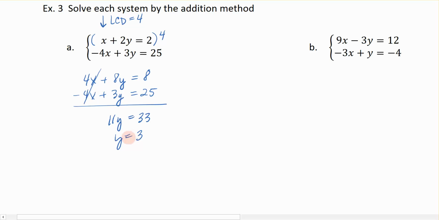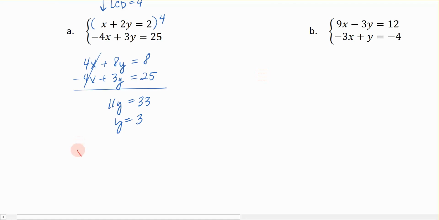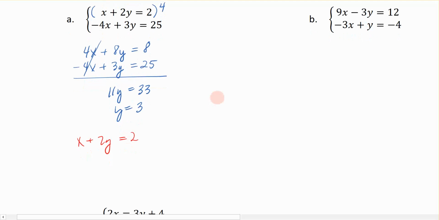And now that we know what y is, we go back and substitute it in. I'm going to substitute it into this equation here. I'm going to go back to the original equation before I ever manipulated it with this 4. So I'm going to plug it back into that equation, x plus 2y equals 2, and solve for x now. So I'm substituting back in, in a sense.